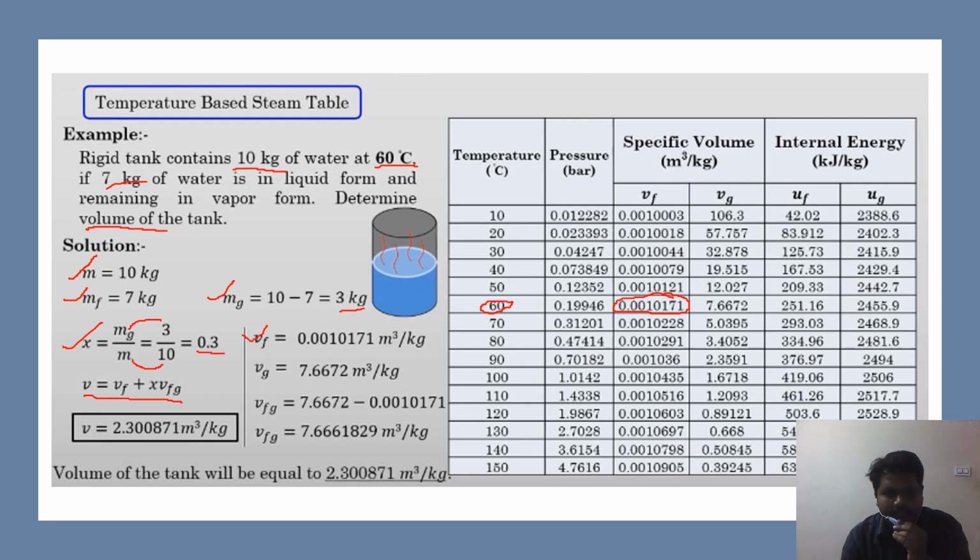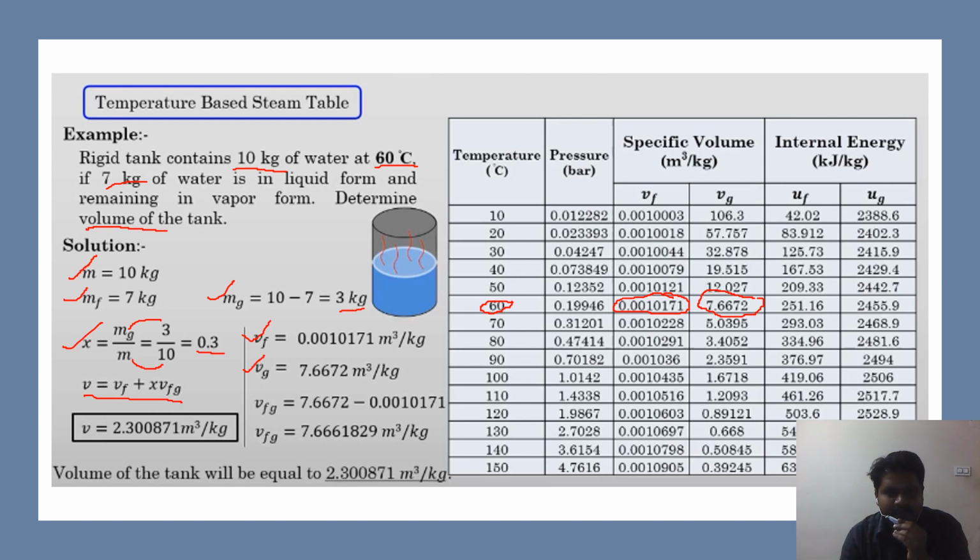So I have written that here. The other thing is Vg. Vg means specific volume at saturated vapor state. At the given temperature 60 degrees centigrade, the value is 7.6672 meter cube per kg. That I have written here.